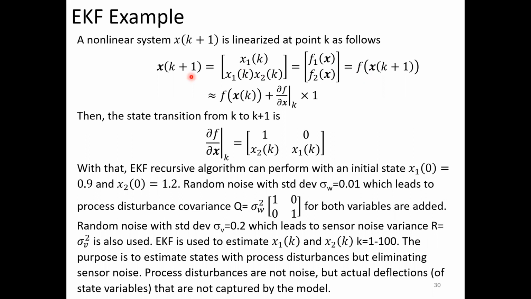Now, we know that f of xk, the state at k, and also the rate of change at k. If you know these two, you can actually predict your values at k plus 1. This is the Taylor expansion, isn't it? This is x0, this is x1 times the rate of change, the time difference from 0 and 1.